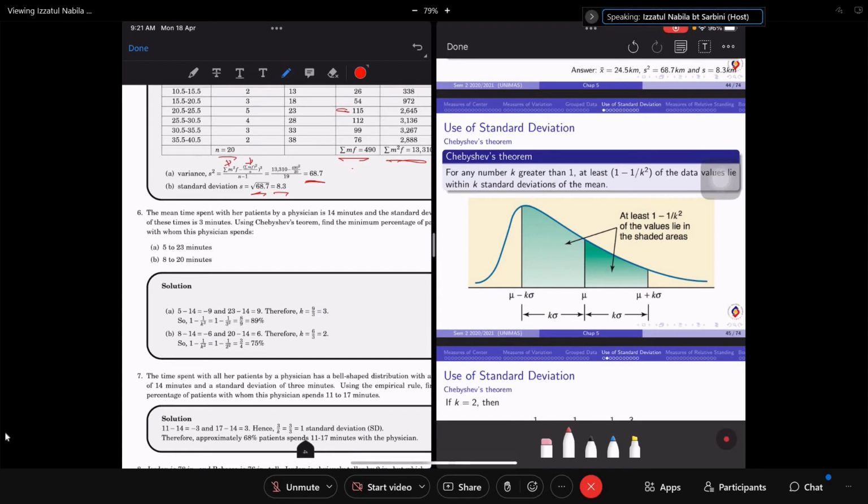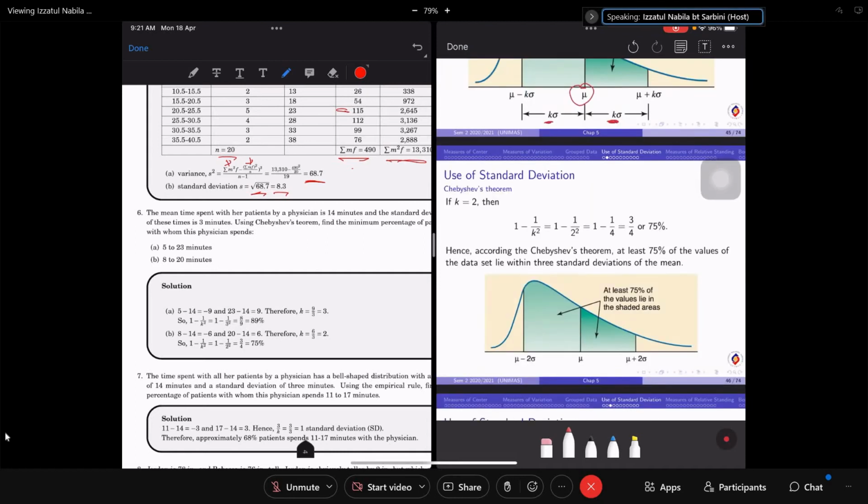For any number k greater than 1, at least 1 minus 1 over k square of the data values lie within k standard deviations of the mean. So we want to calculate how many standard deviations it is from the mean. The mean is in the middle here, so how many standard deviations from the mean.